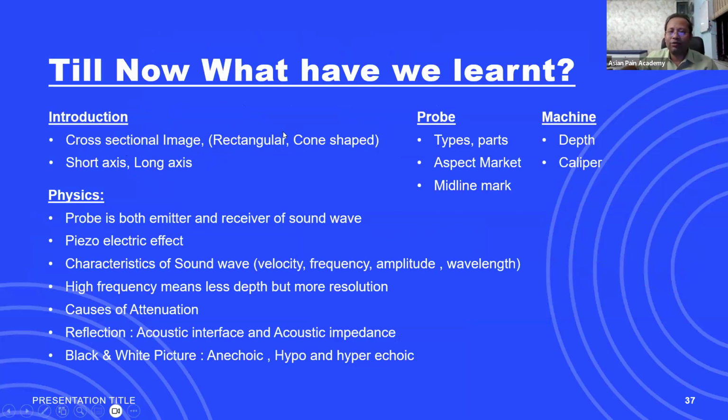A rectangular picture is seen by the linear probe, and a cone-shaped picture is seen by the curvilinear probe. We are seeing a short axis or long axis which is related to the structure. You cannot fix it in a fixed way. You cannot say, okay, I am putting the probe like this, it is short axis to everything. Nothing like that. Short axis or long axis depends on the structure which you are viewing.